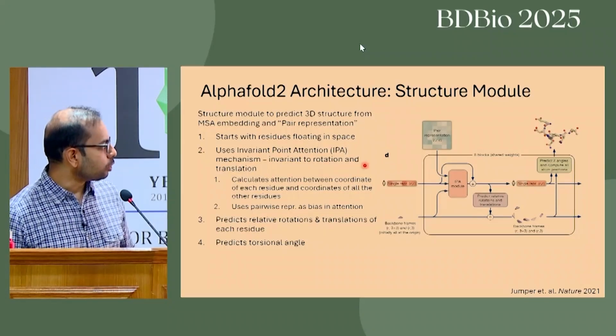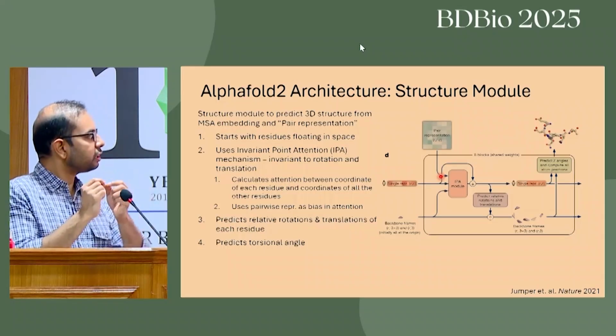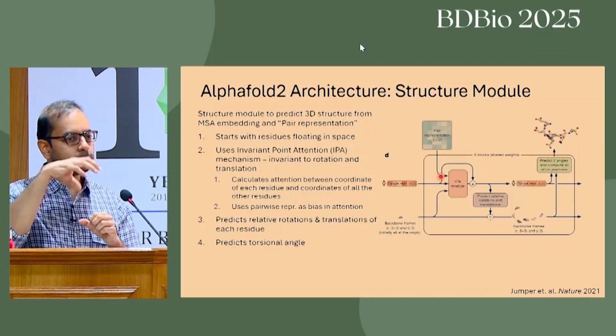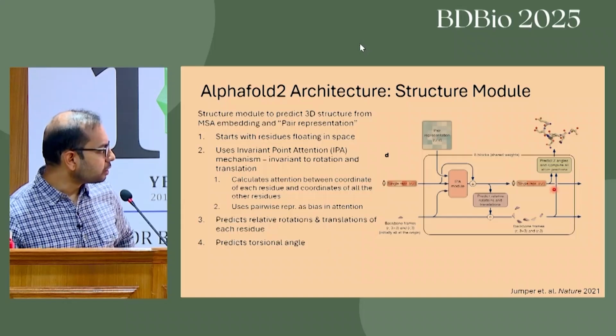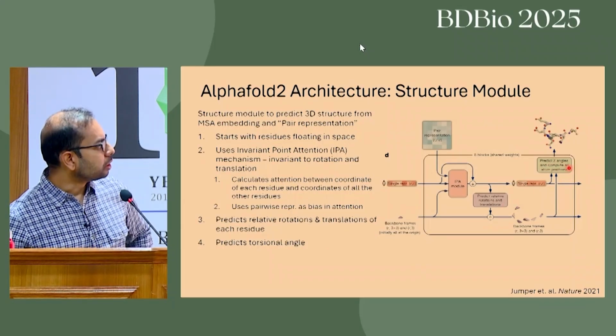So that's what this module does. It does it by doing attention using relative positions instead of absolute coordinate positions. And then it also predicts the rotations and translations. It also predicts the torsion angles.